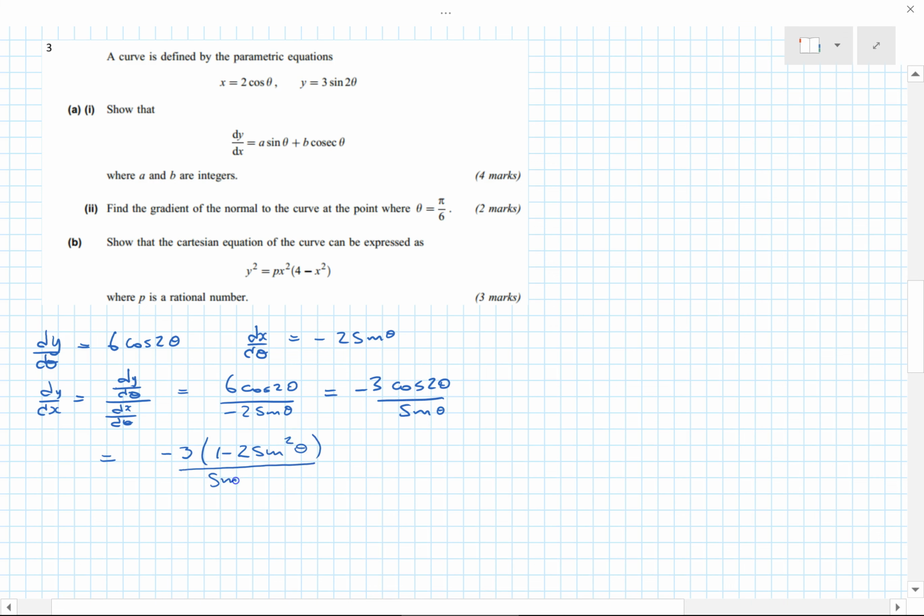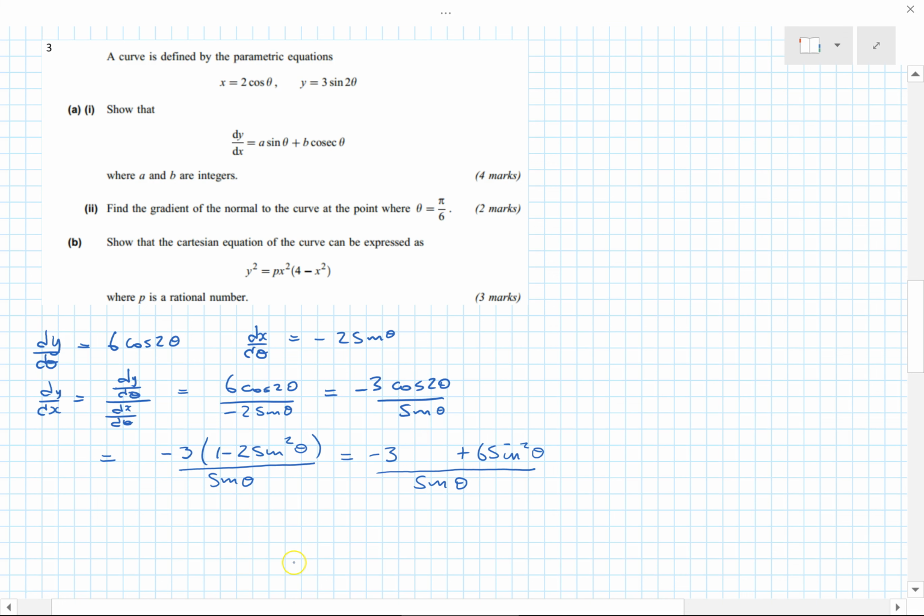over sine theta. So multiplying that out, that gives me minus 3 sine theta plus 6 sine squared theta, all over sine theta. Right, it's not 3 sine theta, of course, it's just 3. Minus 3 plus 6 sine squared theta.